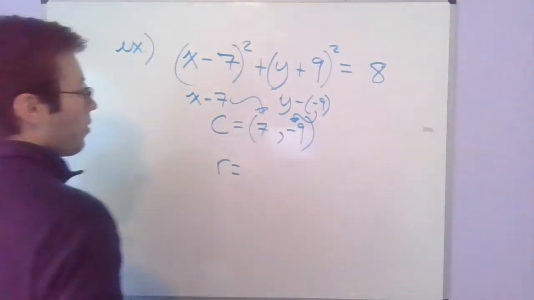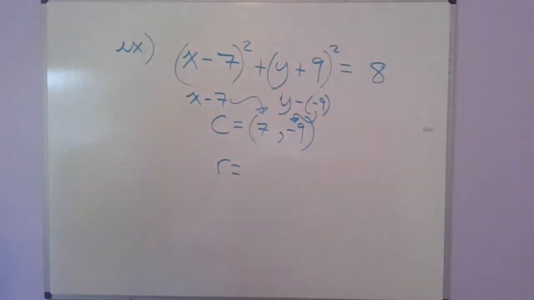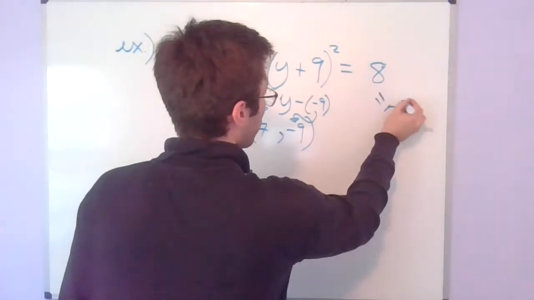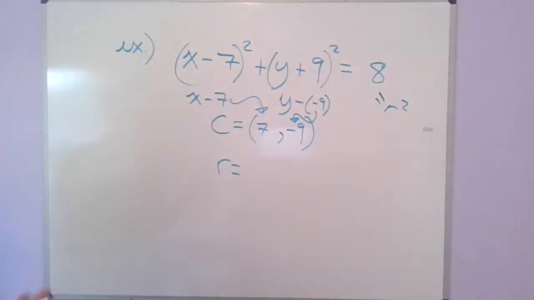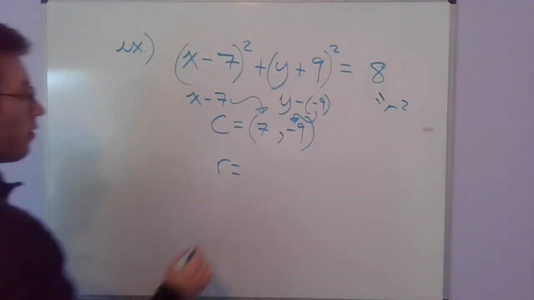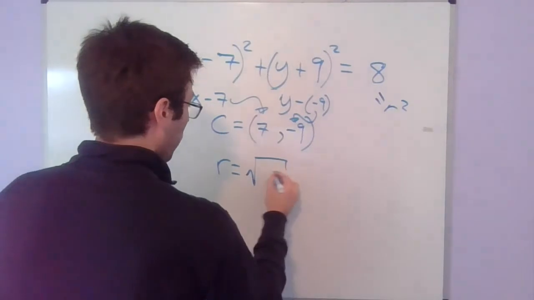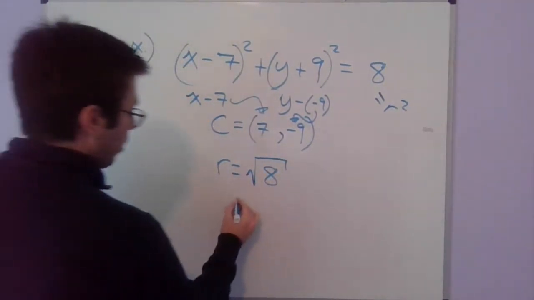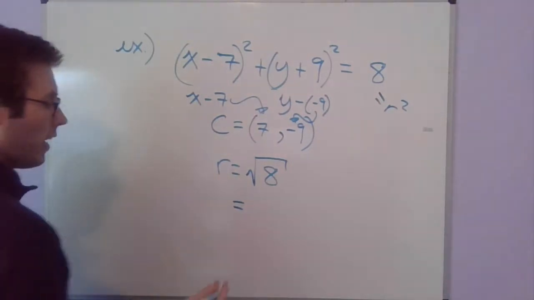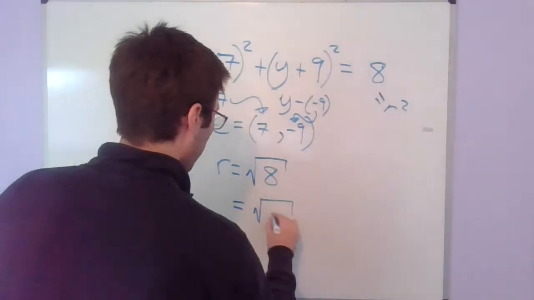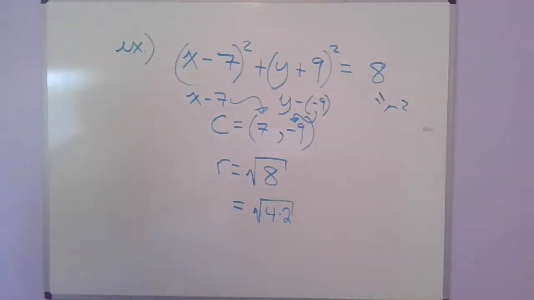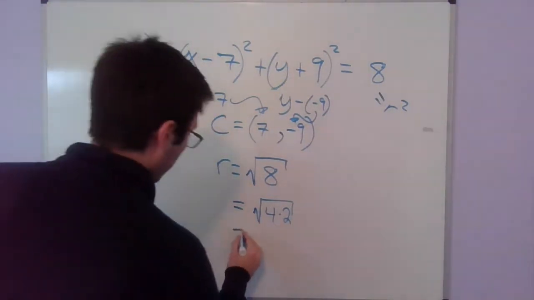And let's figure out what the radius is. So this value right here is equal to r squared. So if I take the square root of both sides, we know that r is the square root of 8. In other words, it's equal to, well, what's 8? 8 is the square root of 4 times 2. We're trying to simplify it more.